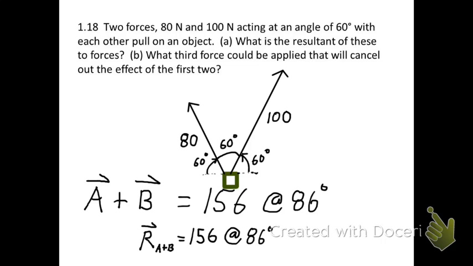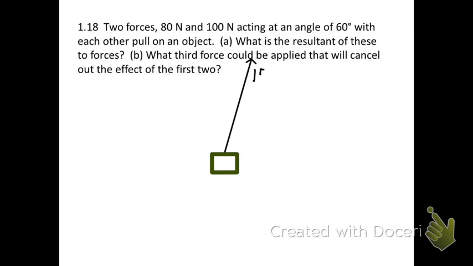All right, so what I can do now is take my two forces that we had before and get rid of them. And I can replace them with one single resultant force, which is what I've done here. Now I'm back to the original scenario. How do I cancel this out? Same way.